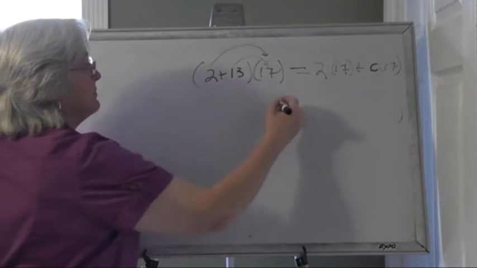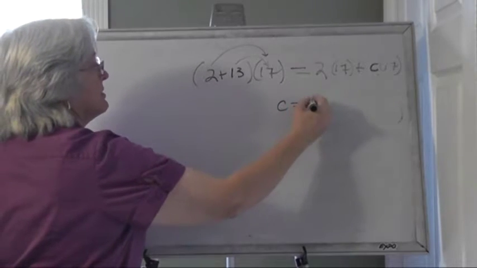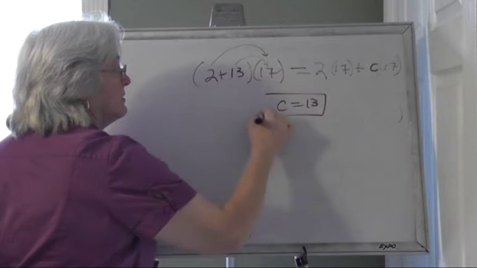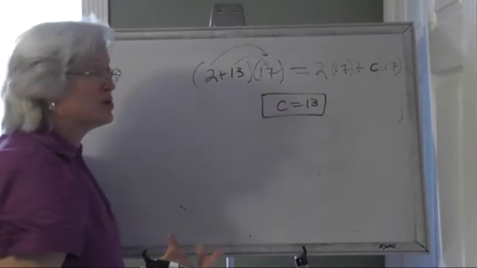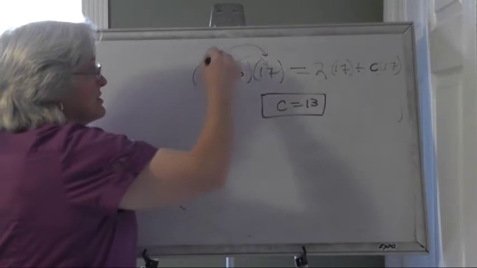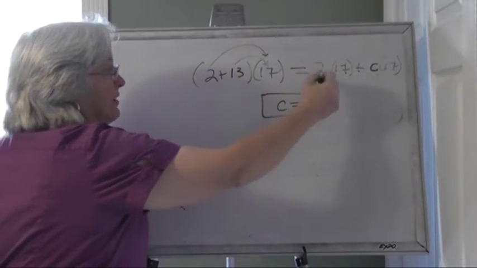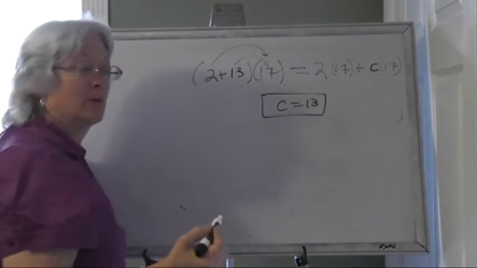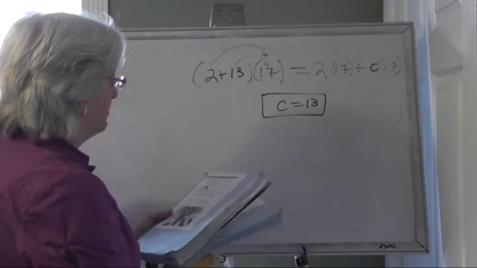What does C have to be equal to? C is equal to 13. There's no computation involved here, just an understanding of what the pattern looks like when you apply the distributive property.